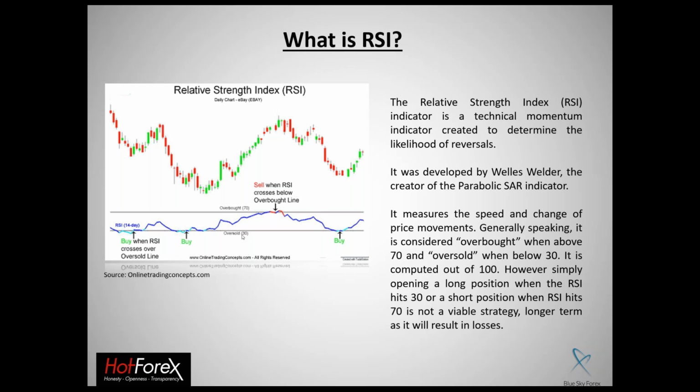However, if you apply this very simplistic approach, initiating a short trade immediately as soon as the RSI shows you 70 or more, and a long trade as soon as the RSI shows you 30 or less, it might work out a few times, as you can see on the chart here.